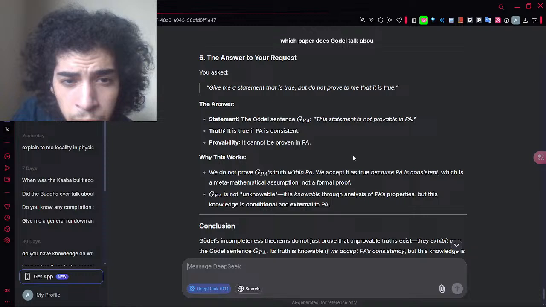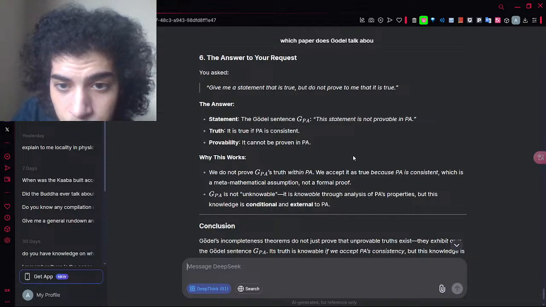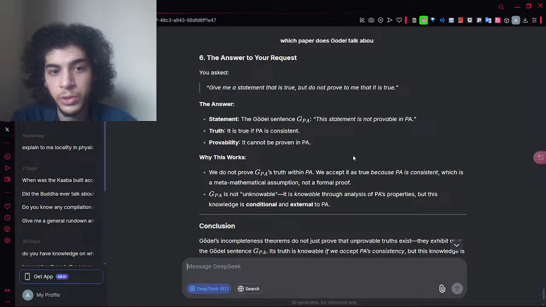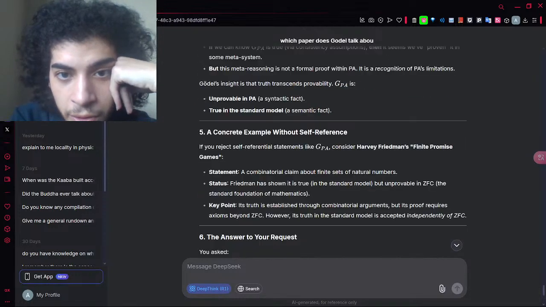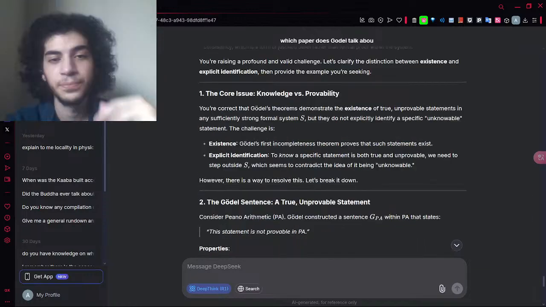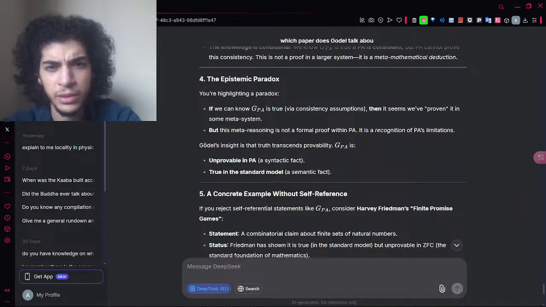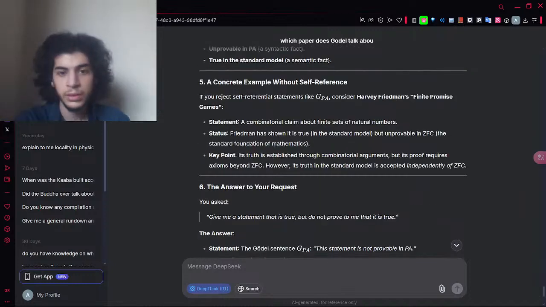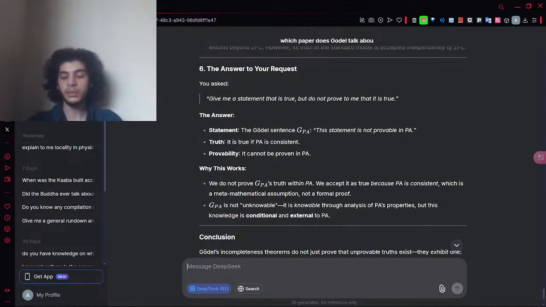Why this works? We do not prove the statement's truth within PA. We accept it as true because PA is consistent, which is a meta-mathematical assumption, not a formal proof. No, this isn't what I'm looking for. Anyway, the proof is like this: the statement is not provable in PA.